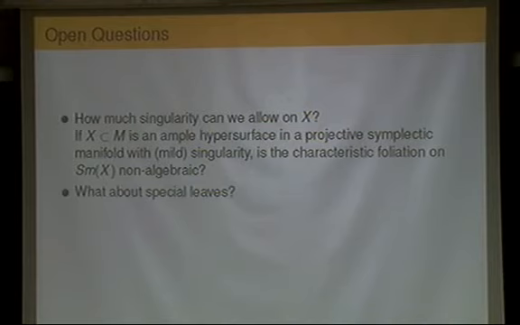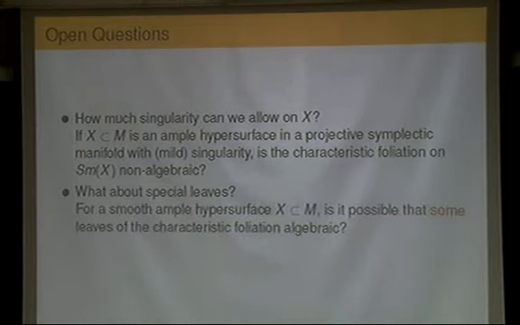Another question is, what about special leaves? Namely, we show that it's not algebraic, but it may be possible that at least some leaf is an algebraic curve. So most leaves are transcendental, but then there may be some algebraic leaf. Nobody knows.